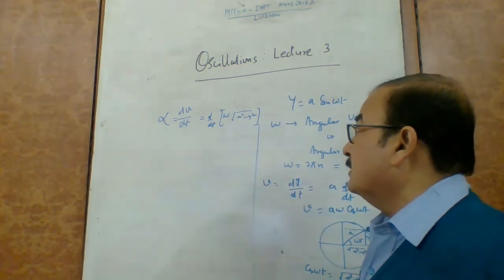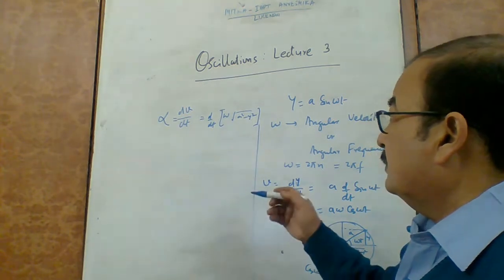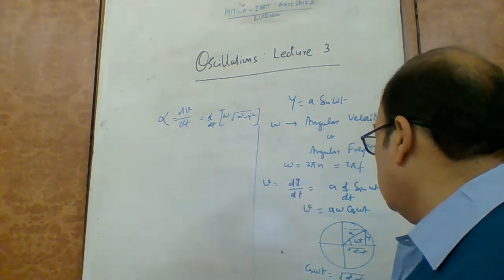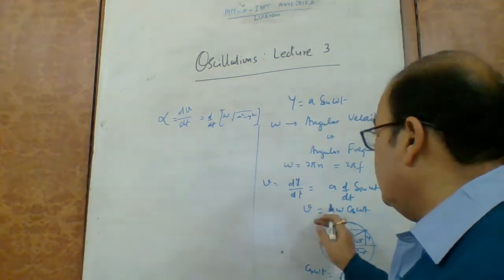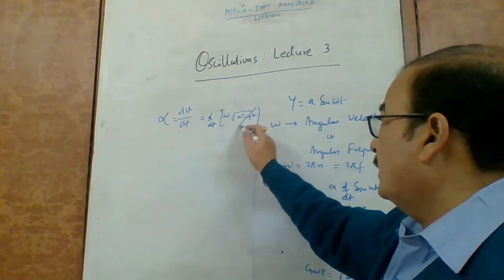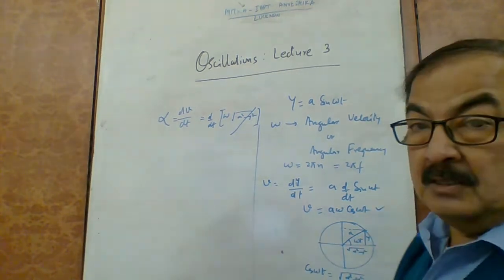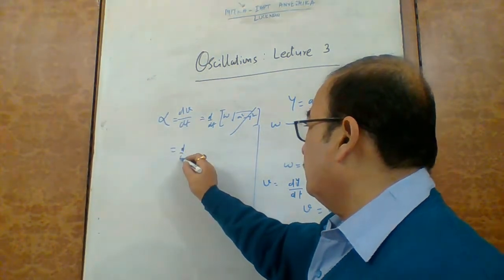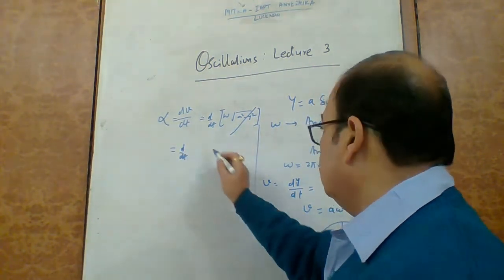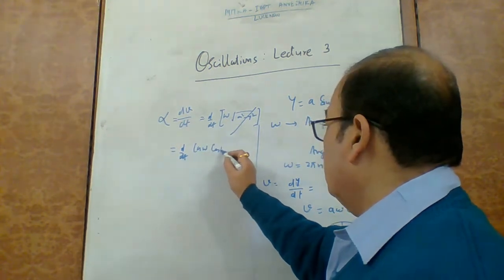When we have this type of formation, we cannot move further, because we have to take v in this form, not in the final form. Therefore, we write d upon dt of a omega cos omega t.